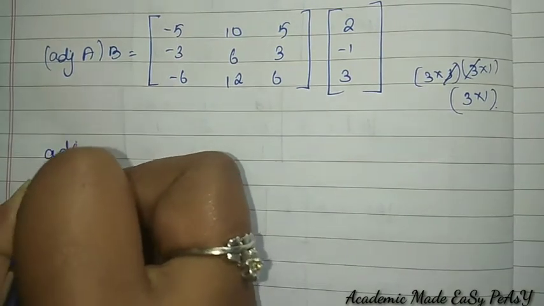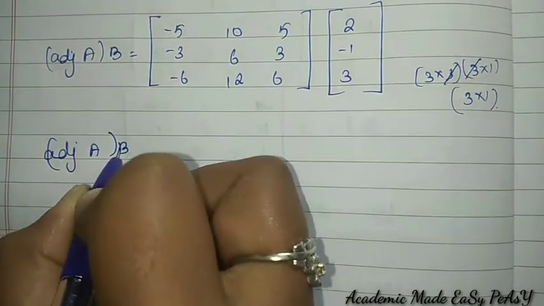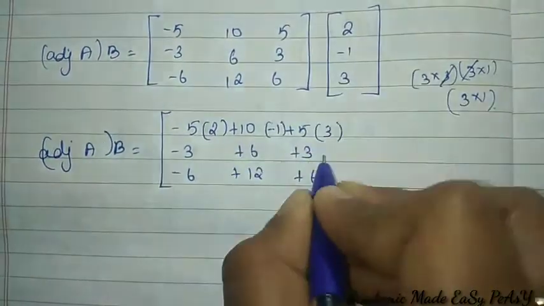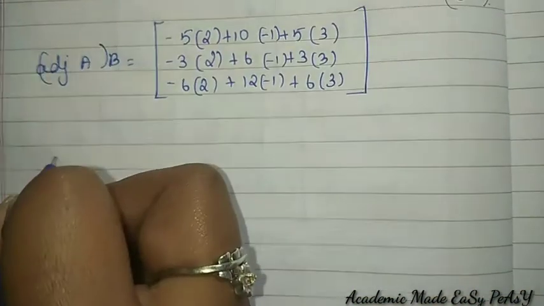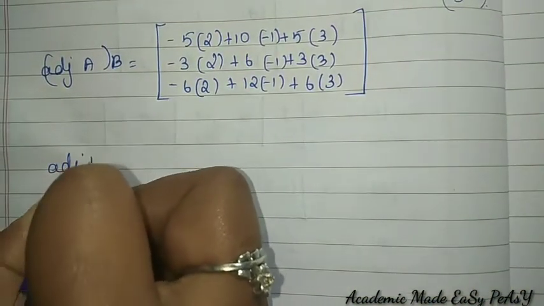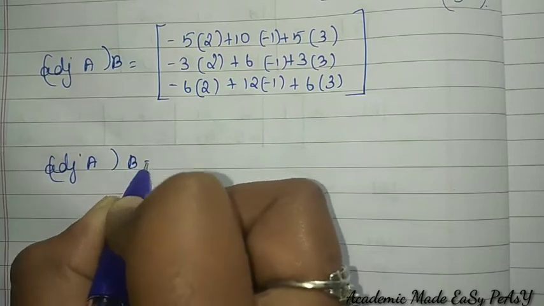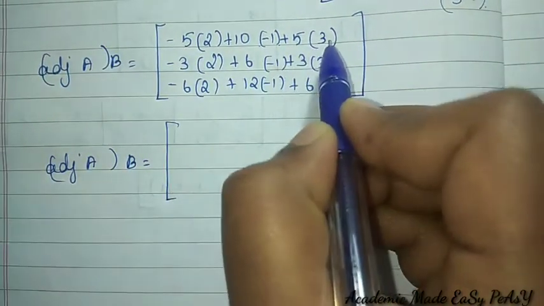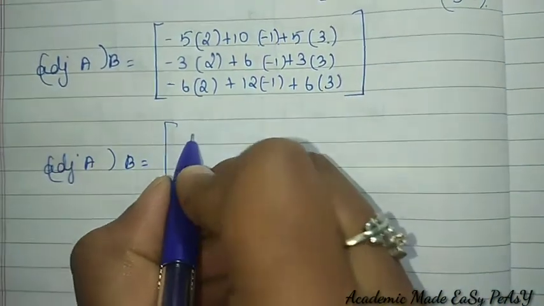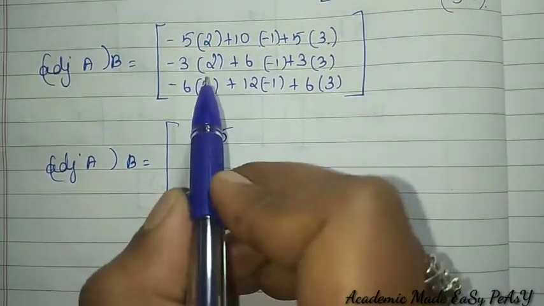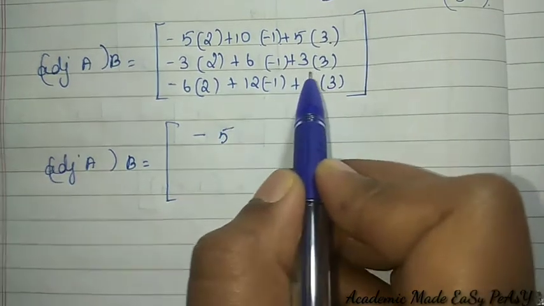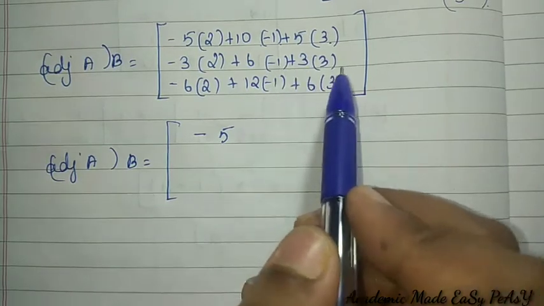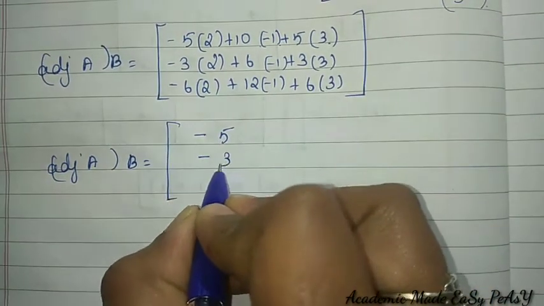So adjoint A into B is equal to, now I will be multiplying. So minus 10 plus 15, it is minus 5. So here minus 6 plus 9. 12 minus 9 is minus 3.